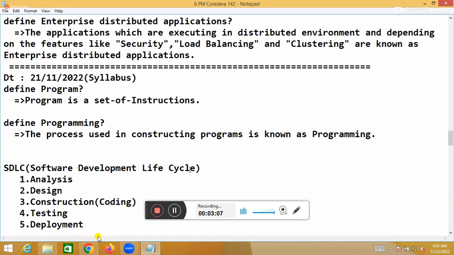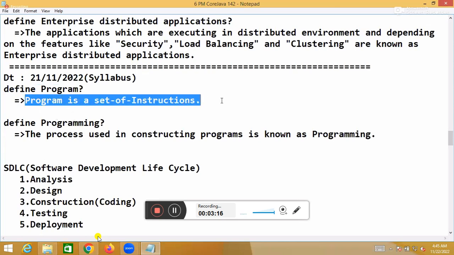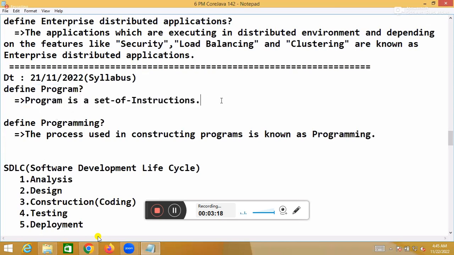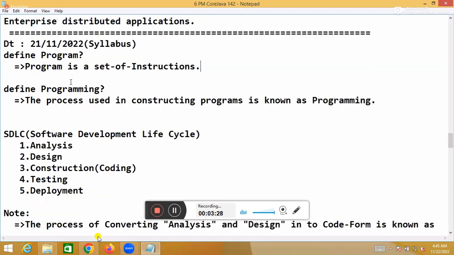When it comes to the syllabus part, we come with a definition of a program. A common definition is available in all the languages: a program is a set of instructions. What is programming?